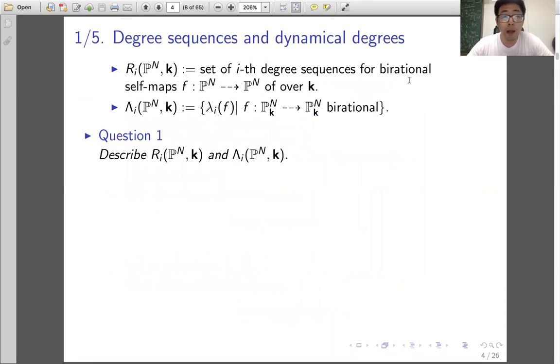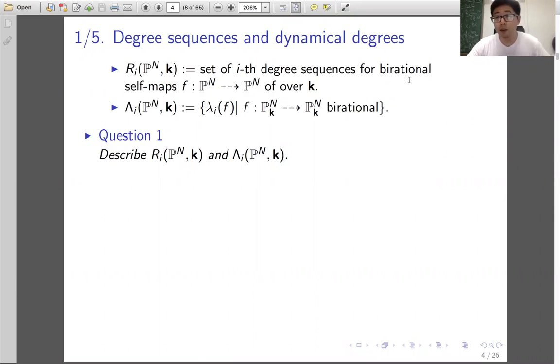Okay, and we denote by R_i(P^n, K) the set of i-th degree sequences for all rational self-maps F of P^n over K, and Lambda_i(P^n, K) the set of i-th dynamical degrees of rational self-maps of P^n over K. Okay, so the general question is to describe R_i(P^n, K) and Lambda_i(P^n, K).